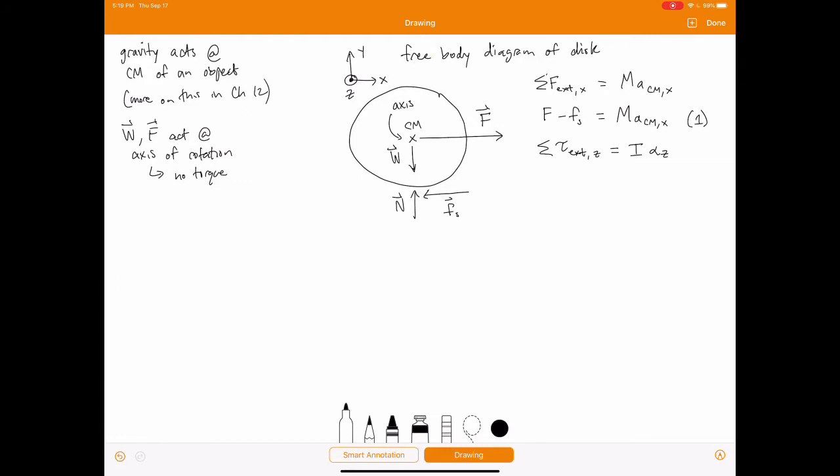That's kind of the situation here. If you apply a force right at the axis of rotation, there's no torque. Also, the normal force N, the line of action of that force, if we kind of follow it this way, goes right through the axis of rotation.